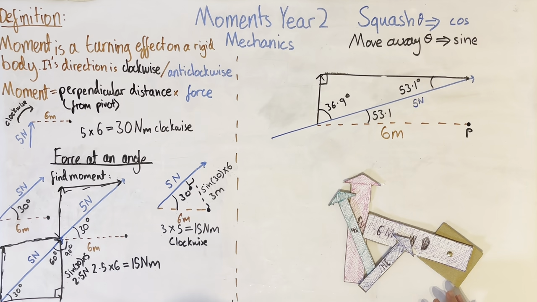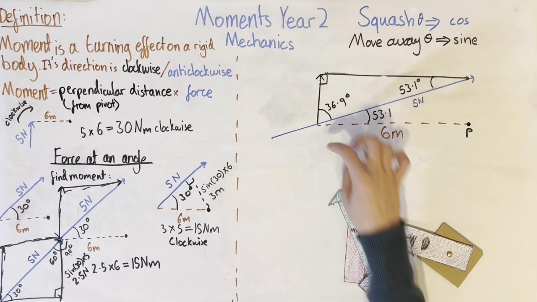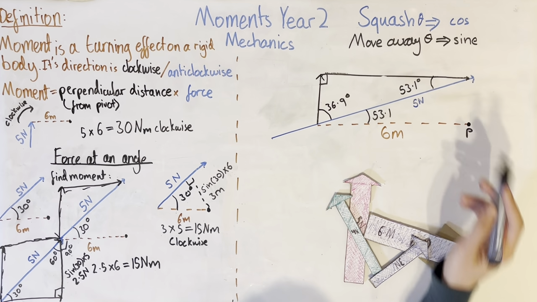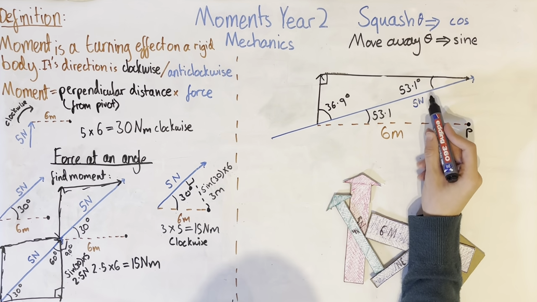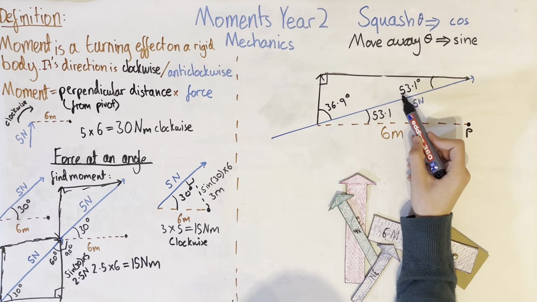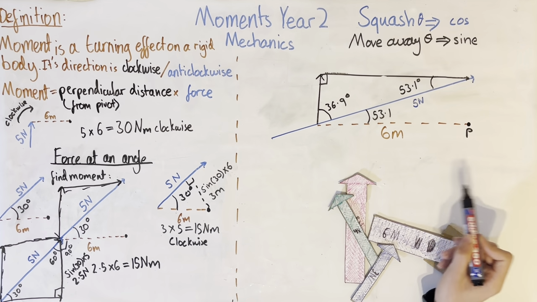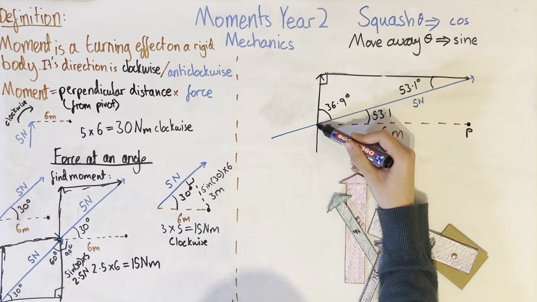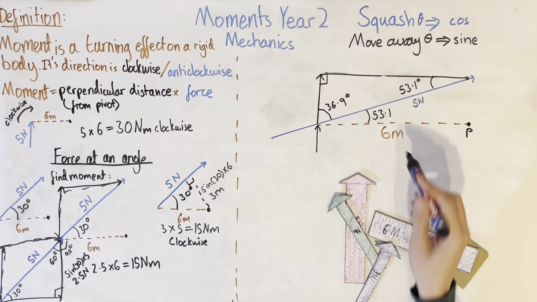So what I could do is draw a triangle, and this is just to show you how the method works. Again, we have a force of 5 newtons, an angle of 36.9 degrees, and 53.1 degrees, and now we need to figure out this vertical component that's pushing it like this.